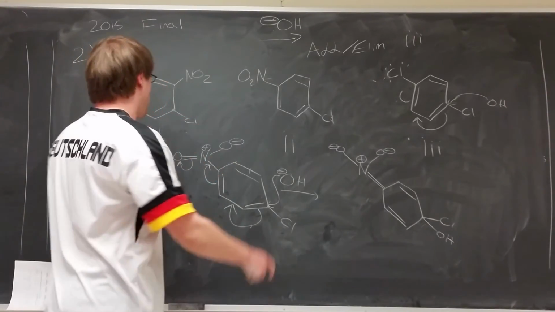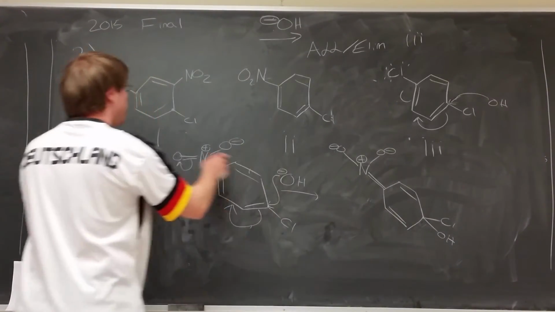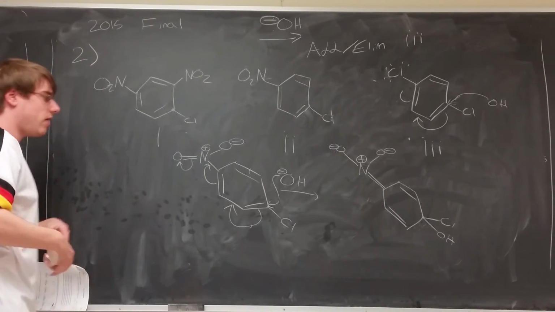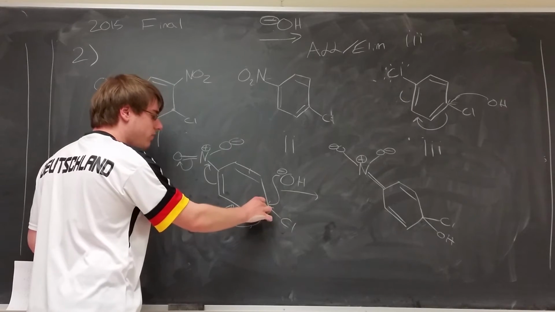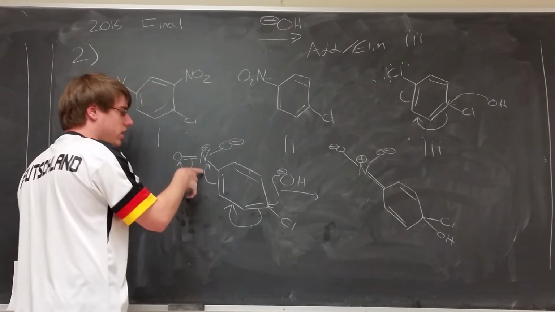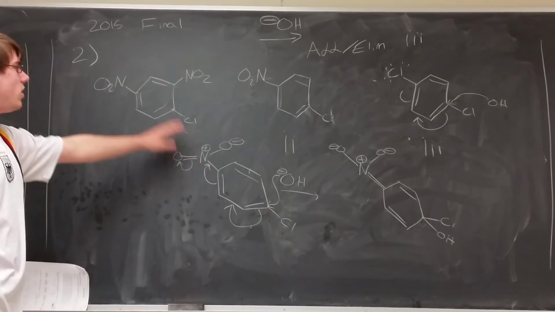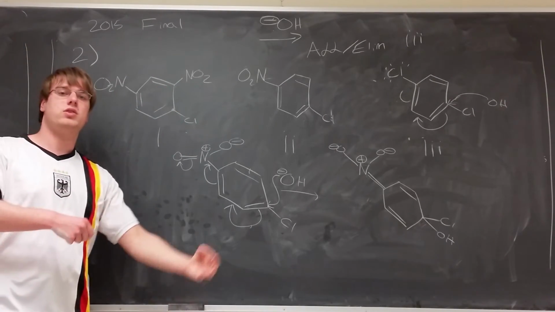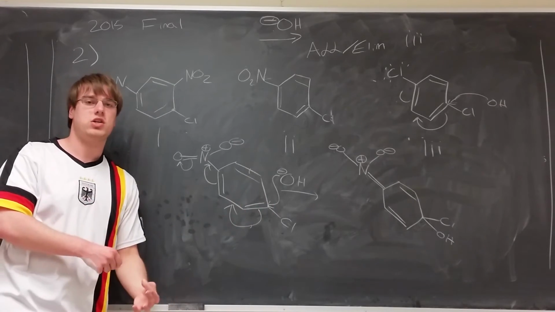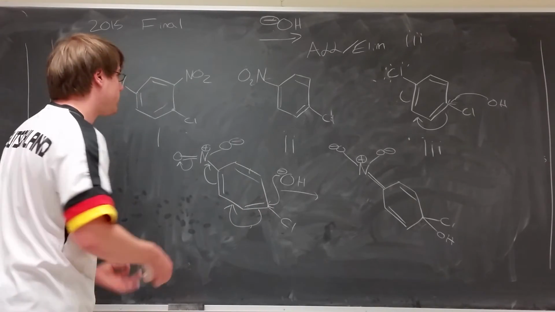Now, between 1 and 2, who is better? Probably the one with more resonance, because I'm forcing electrons in, and those electrons are a negative charge, right? Those electrons can go to the NO2 here, like in 2, but then this one also has an NO2, and as long as the NO2 is in either the ortho or the para position to your leaving group, it can resonate.